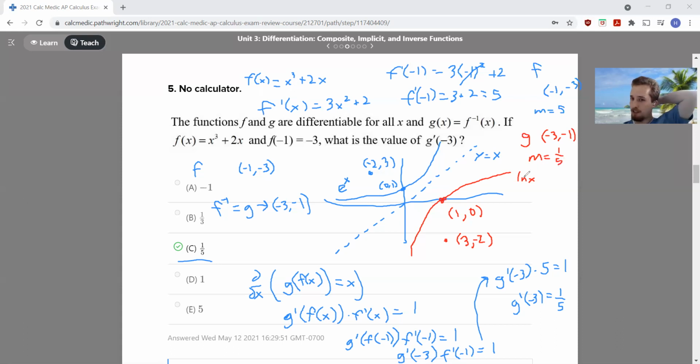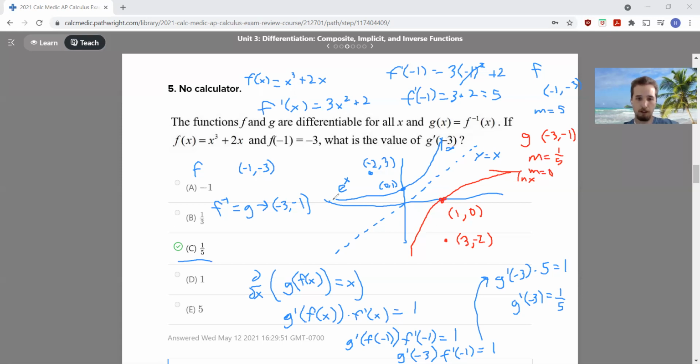And if you want to test this, as ln of x goes to infinity, it gets closer to a slope of 0 here. But on the same point over here, this slope gets closer to 1 over 0 or infinity.